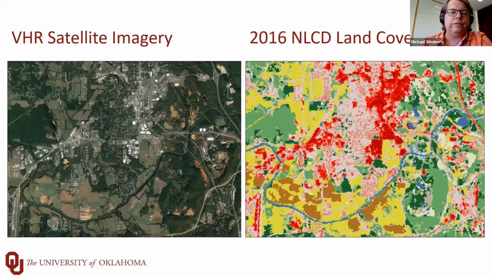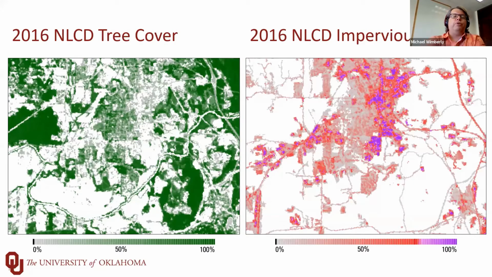Just to point out a couple of other ways of looking at the data, we can look at continuous tree cover. For example, we can see some areas that are very dense forest, others where we have sparser cover of trees mixed in with roads and buildings and other sorts of things.